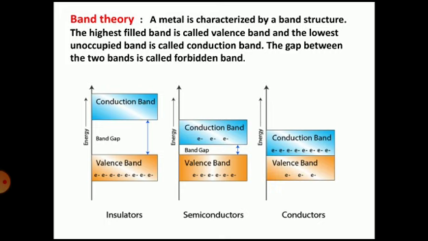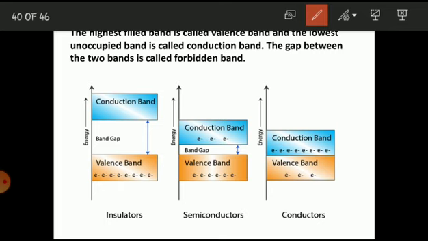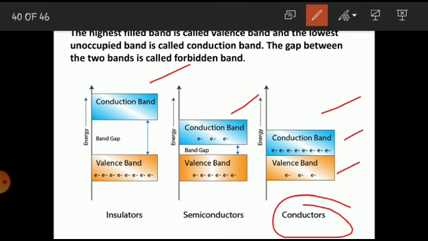So in band theory, the highest filled band is called the valence band, and the lowest unoccupied band is called the conduction band. So in case of conductor, the valence band and the conduction band are very close to one another. Or you can say that the conduction band and the valence band are overlapping each other. So this valence band in case of conductor is partially filled with electrons.